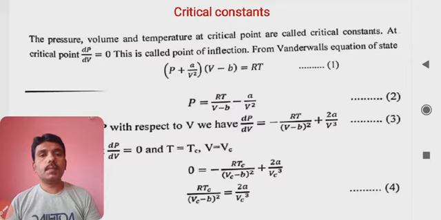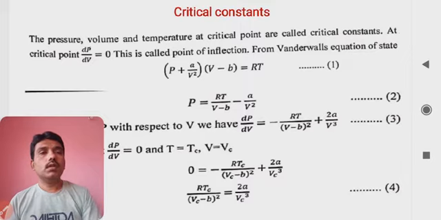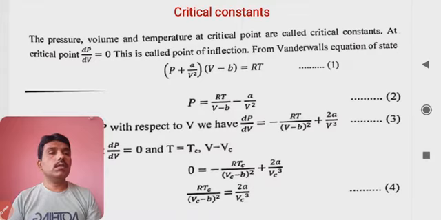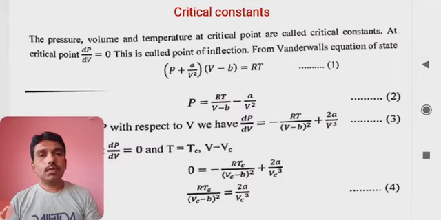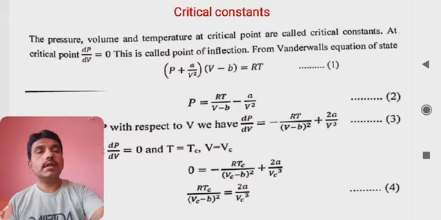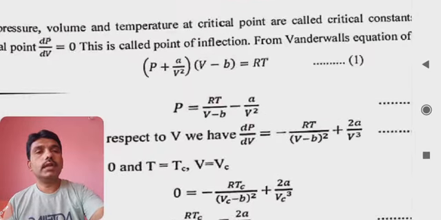At that point dP by dV is zero, and that point is called the point of inflection, where PV is constant and dP by dV is zero.